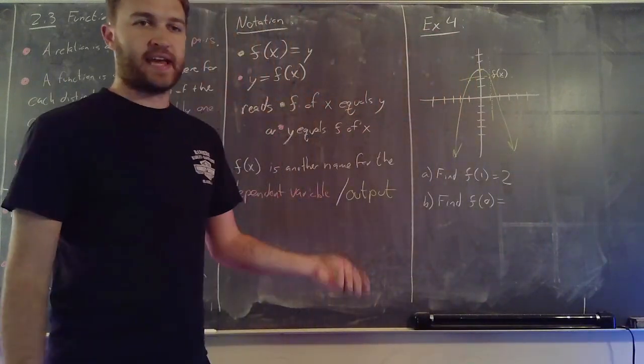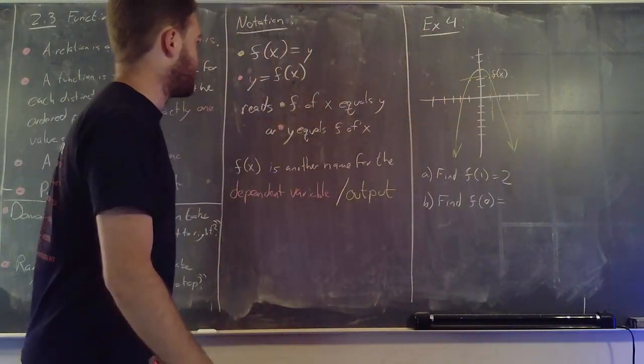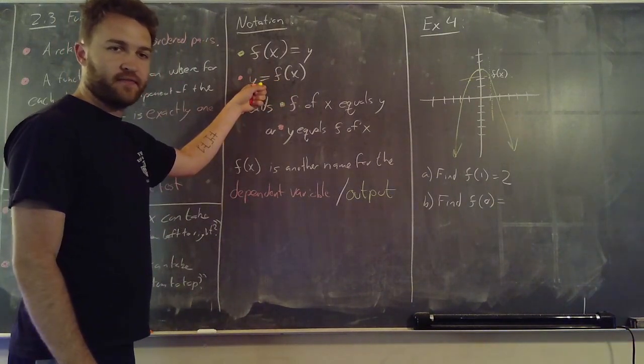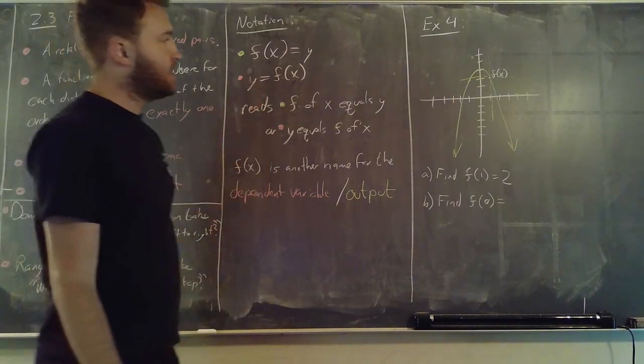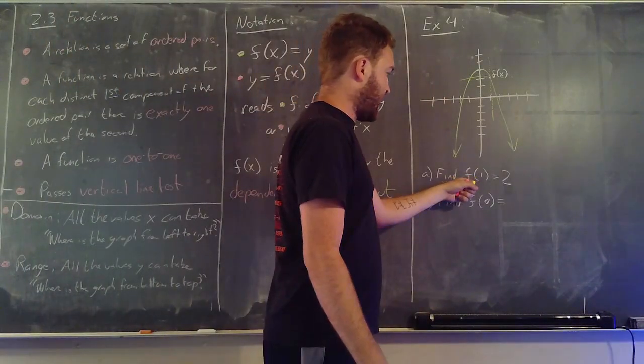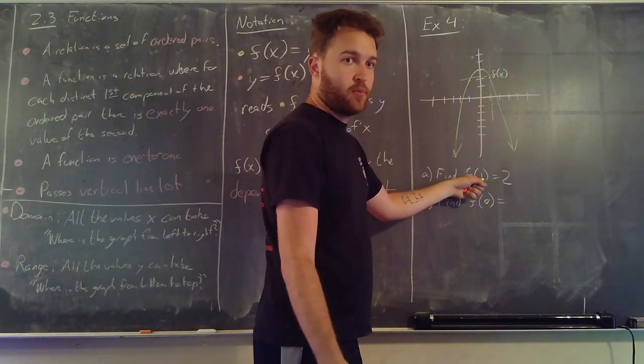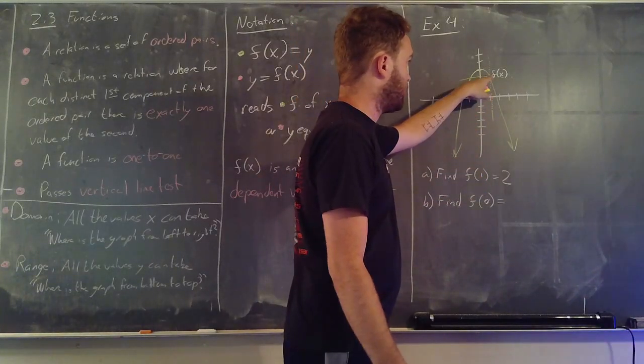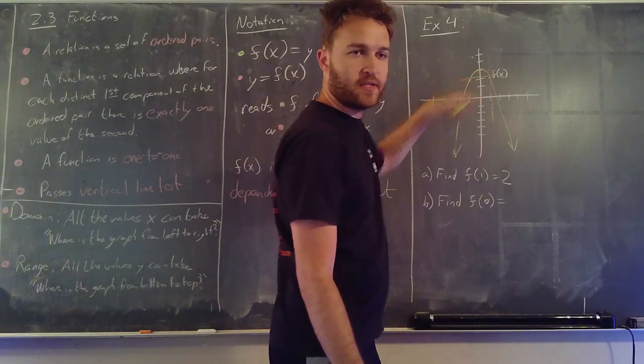In other words, what is the output value? Remember, that makes sense because f of x is just another way of referring to what the dependent variable is. What is y? So if I say, what is f of 1, it says, what is the output when I plug in 1? What is the output at 1? The y value at 1, 1, 2.